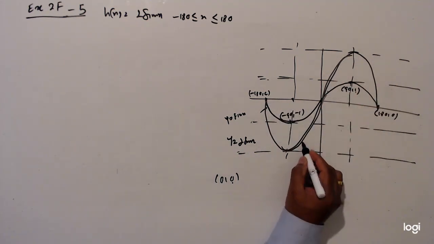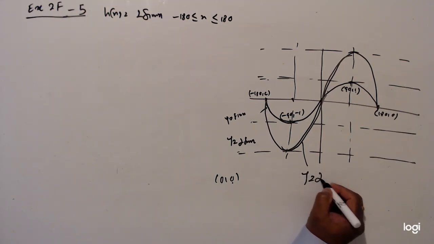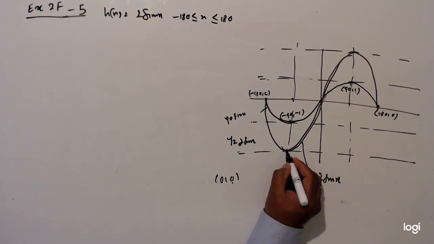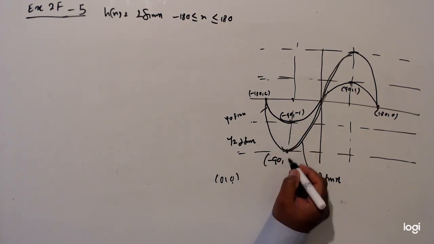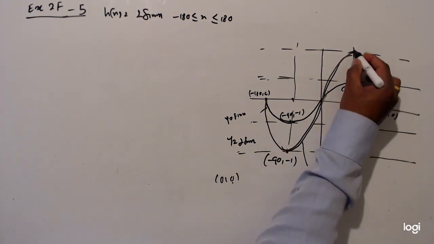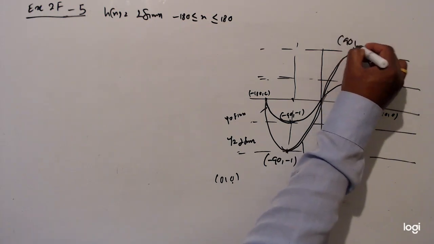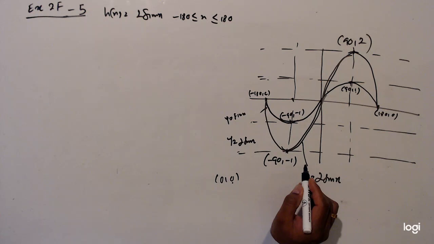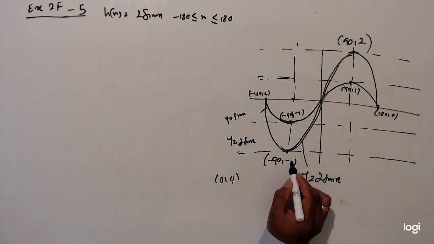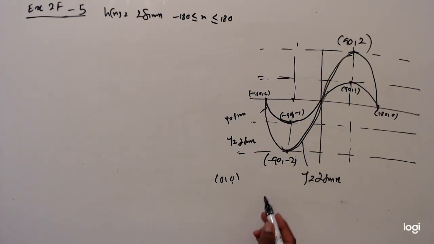So this is the y equal 2 sin x graph, and this will become minus 90, minus 2, and 90, 2, because minus 1 times 2 is minus 2.